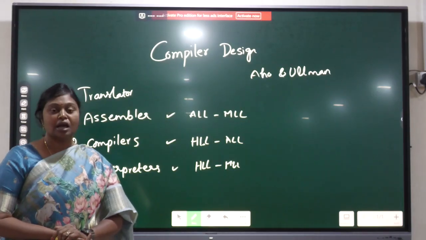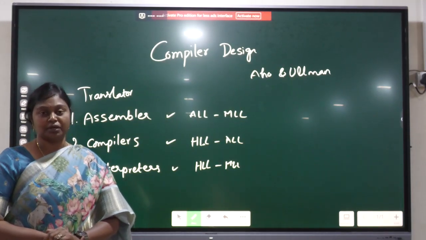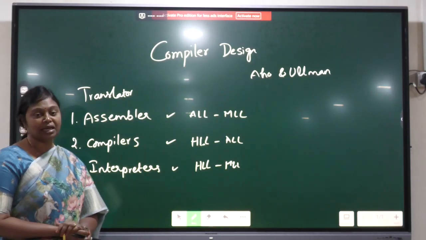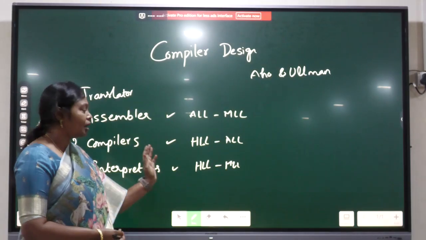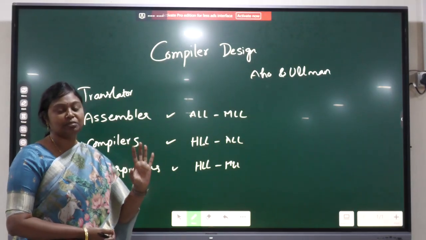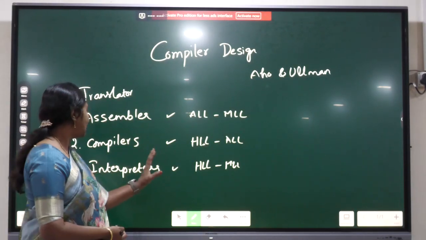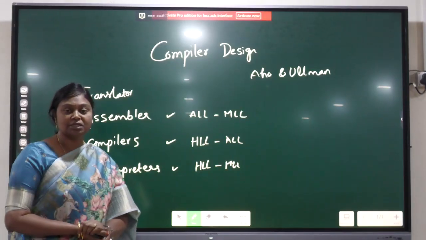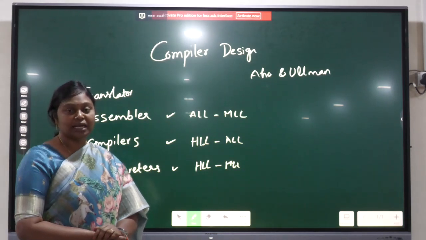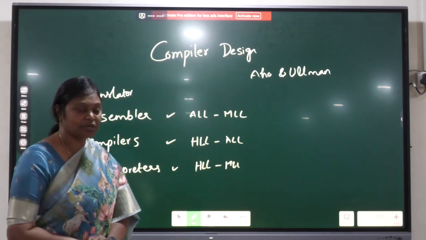We can, but it's difficult to write the program, right? That's why we always choose high level programming language. After that, the system will only understand machine level programming language. So that's why we use compilers and interpreters to convert that high level programming language to low level programming language, which is machine level programming language.